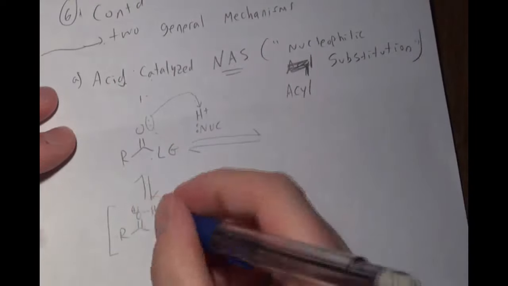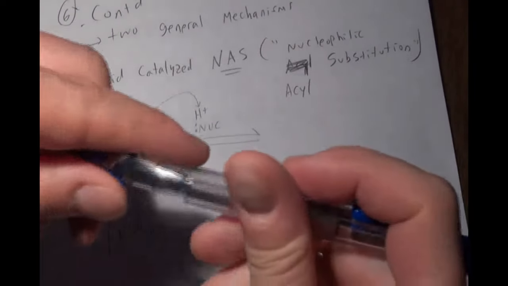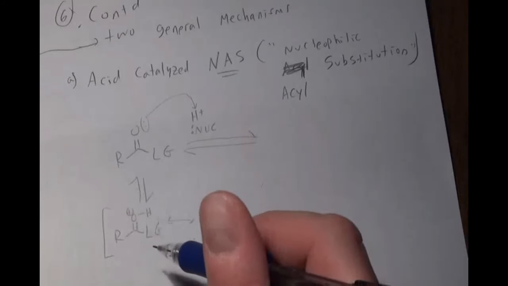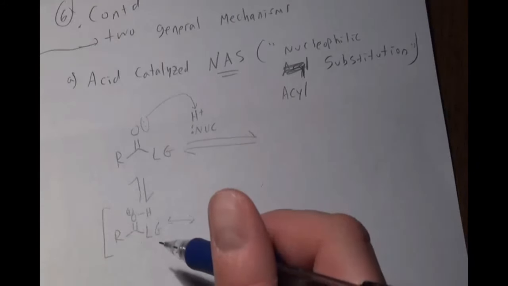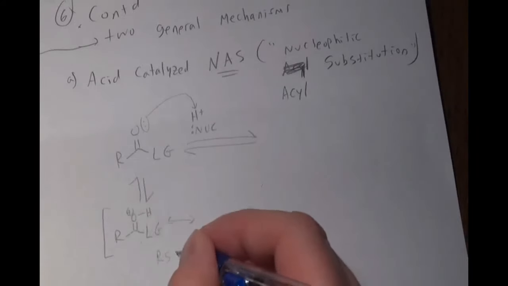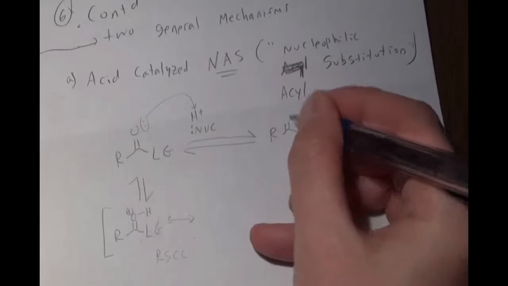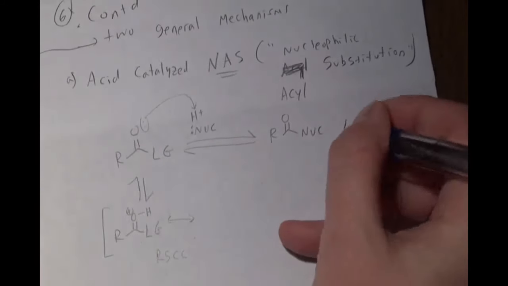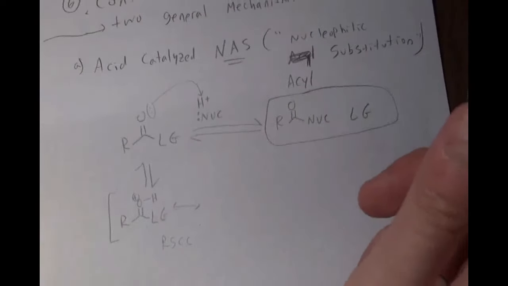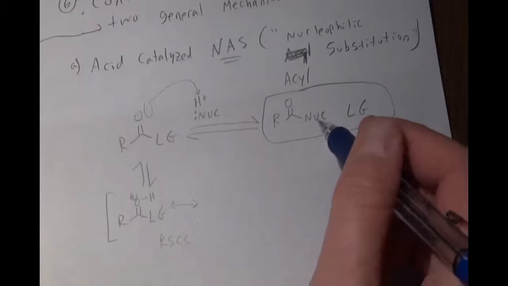Okay, so take a step back, it's leaving group, right? Yeah, okay, so we protonate the thing with the leaving group, right? Okay, and it's an RSCC now, right? Let me step ahead on the product, nuke, leaving group. That's where we're going, right? Okay. So we're essentially kicking off the leaving group to make the nucleophile.